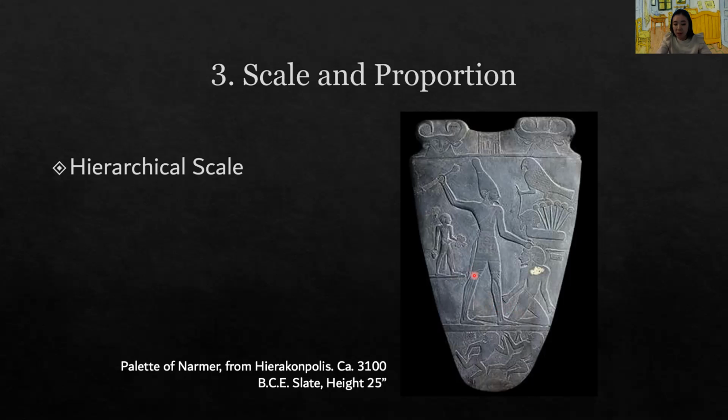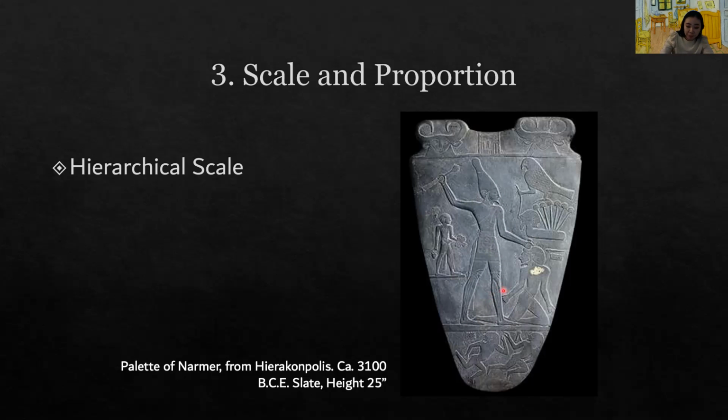Narmer's body is seen in profile: the legs and arms are in profile, but the torso is full front. His head is in profile and his eye is front again. That same pose recurs throughout most two-dimensional art in Egypt.